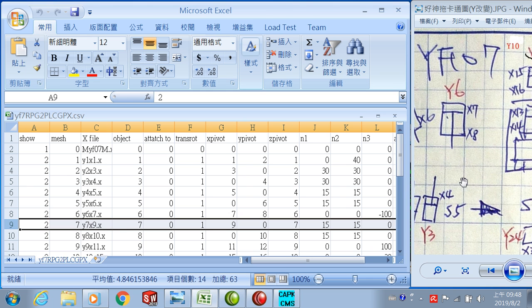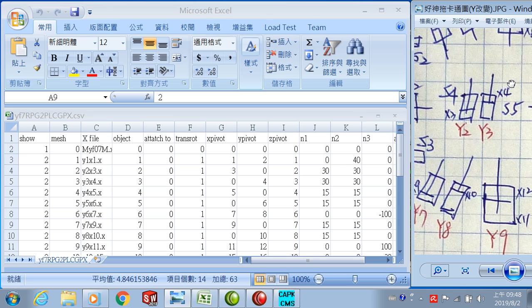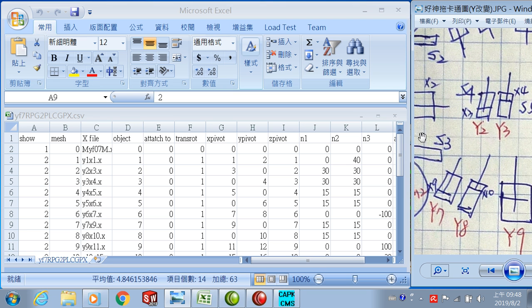Y7, S9. Y7 is this one. So these parts we don't go through; we just explain half because this is symmetric.